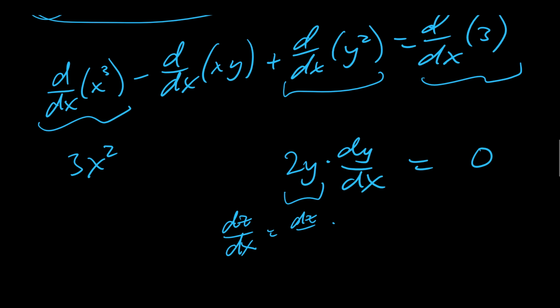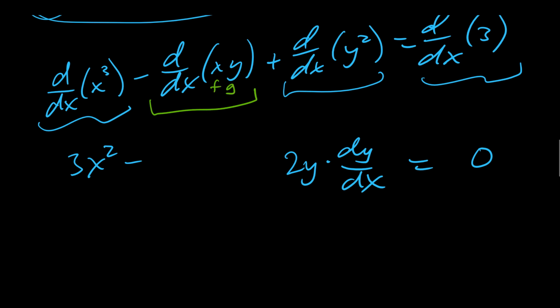All right, so let's not make this too complicated. Now what we have is the last part of this, which is this piece right here. Essentially, we have two functions, f and g. So we'll take f prime g plus f g prime.